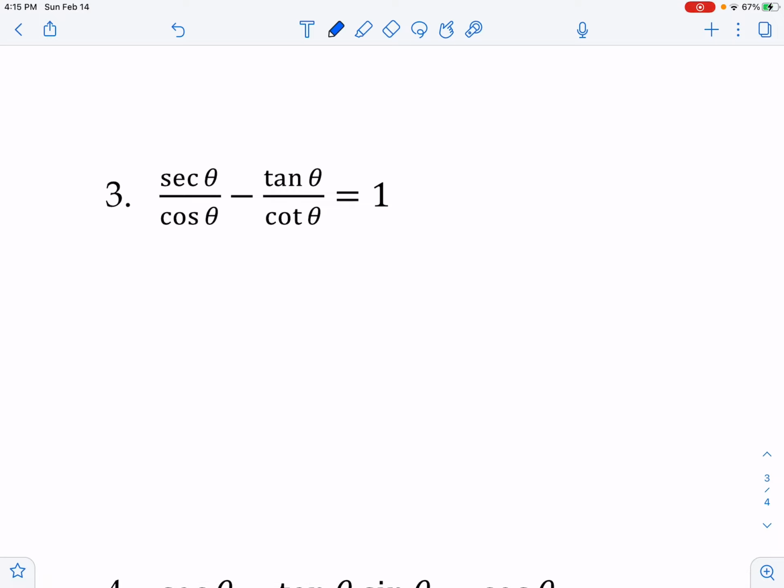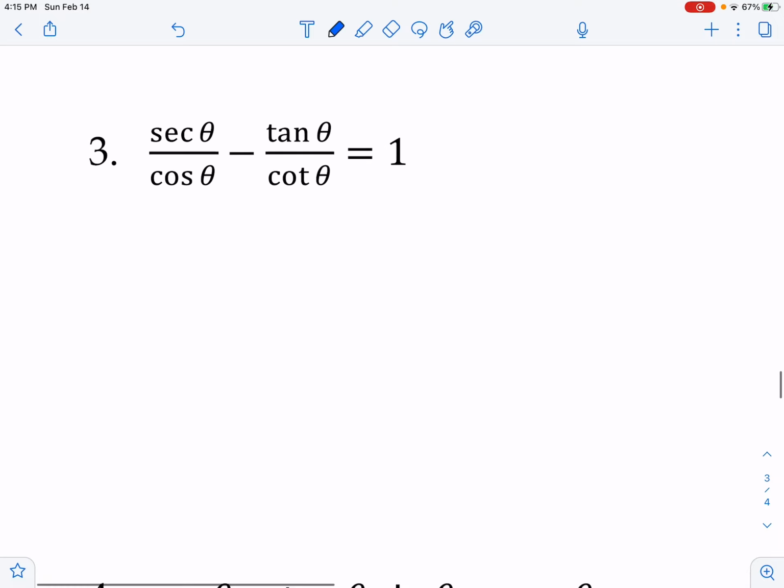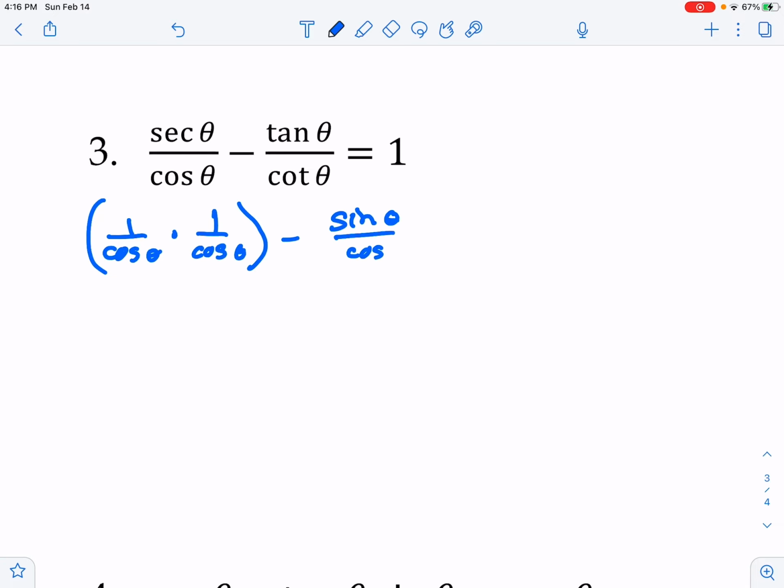This one was a little more complicated. You can get common denominators and add them. First, I changed everything to sine and cosine. So this one becomes 1 over the cosine times 1 over the cosine, minus the tangent, which is sine over cosine.